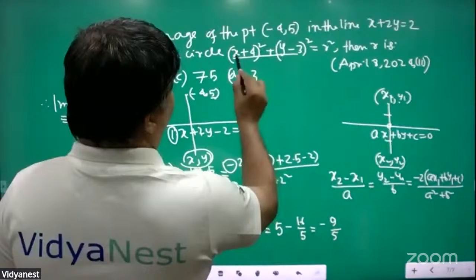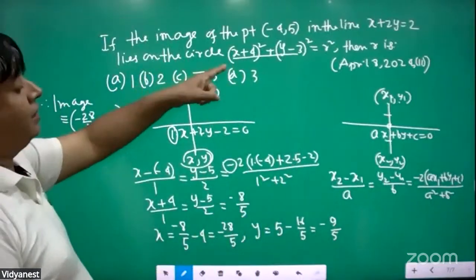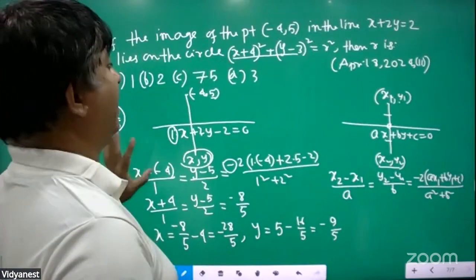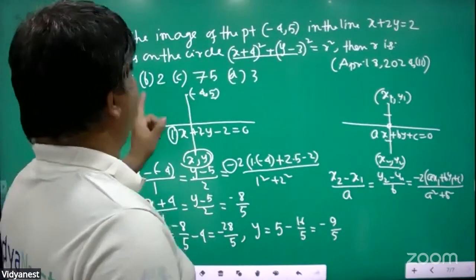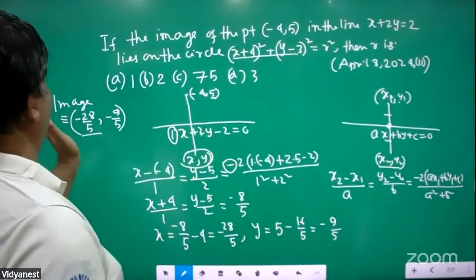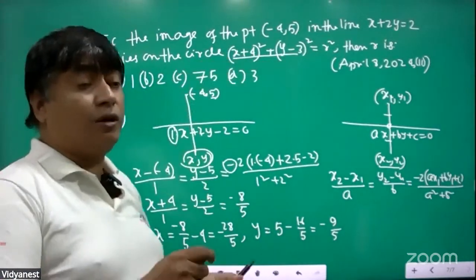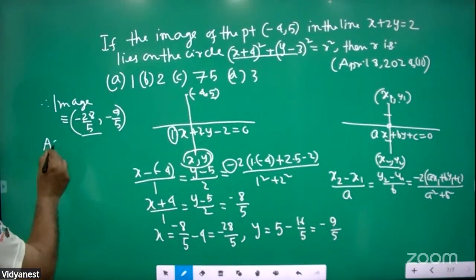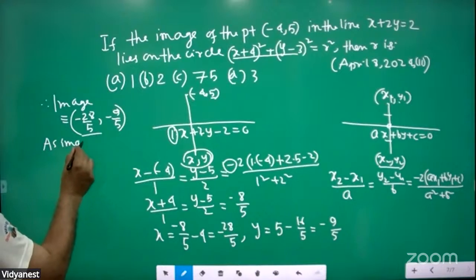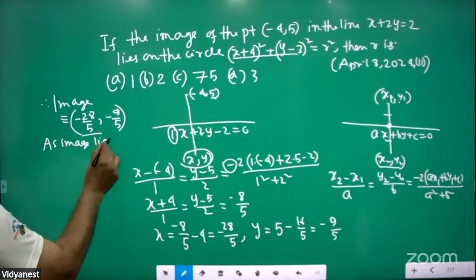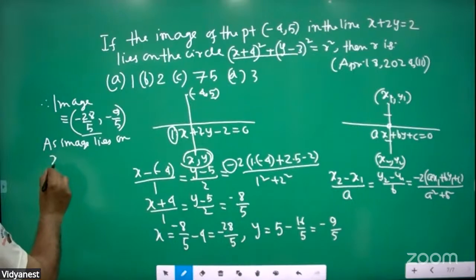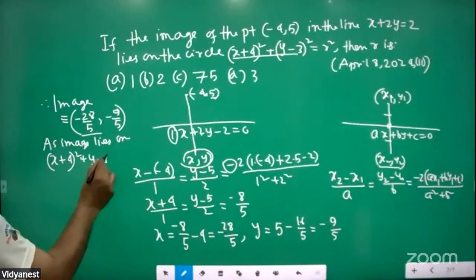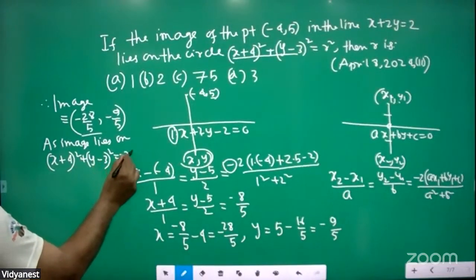On circle. Means जब ये पॉइंट सर्कल का ऊपर आएगा तब सर्कल का x और इसका x एक हो जाएगा, सर्कल का y इसका y भी सेम हो जाएगा. मीन्स आई कैन पुट दैट ऑन द सर्कल. इसको बोलता है सेटिस्फाई कर रहा है. सो एज इमेज lies on (x plus 4) whole square plus (y minus 3) whole square is equal to r square.